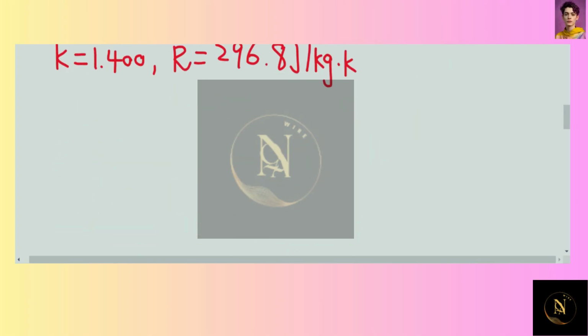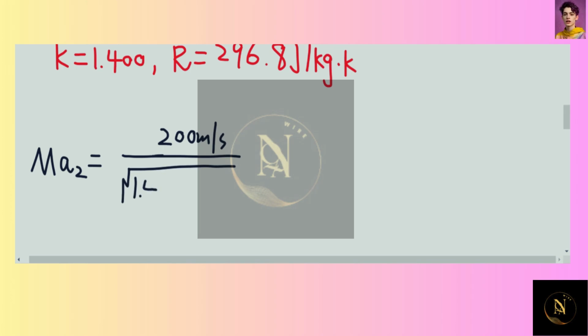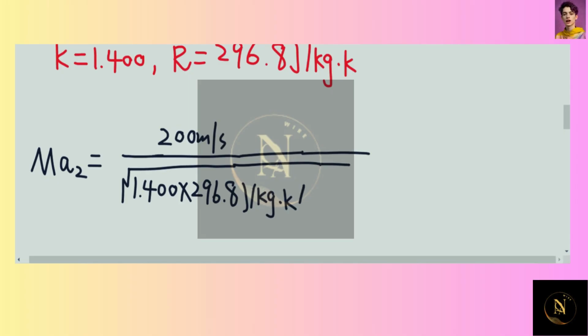Now we can determine the Mach number at the exit, which is equal to 200 meters per second over the square root of 1.4 times 296.8 joule per kilogram times Kelvin, times the outlet temperature of 384 Kelvin.